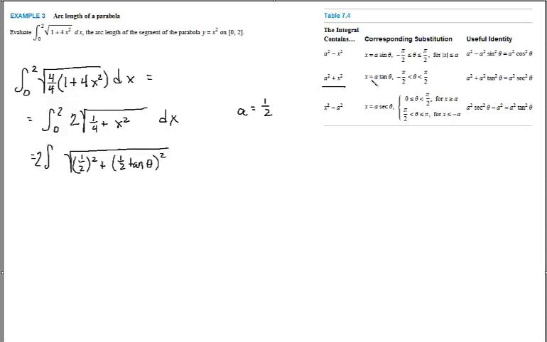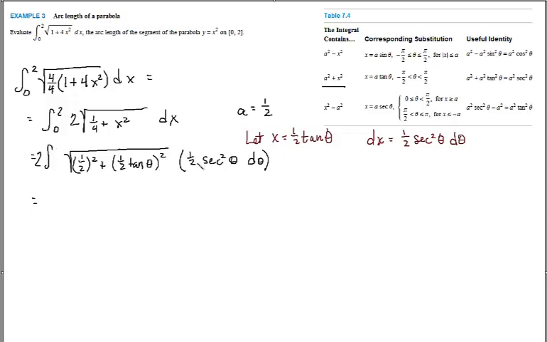Alright, so I had to get that dx so that I could replace it, and that's going to be 1/2 secant squared theta d theta. I'm just leaving out my limits for right now.